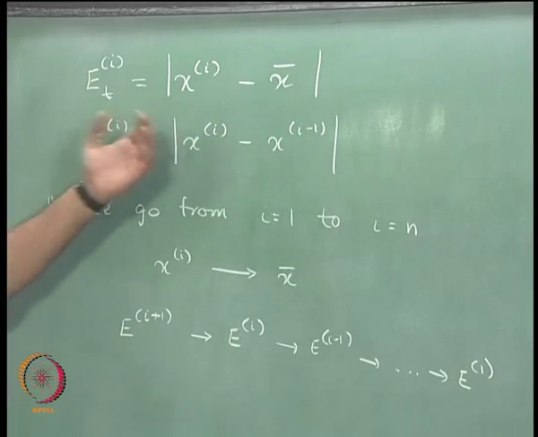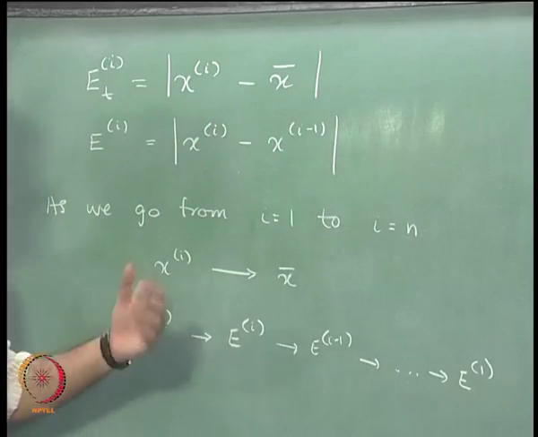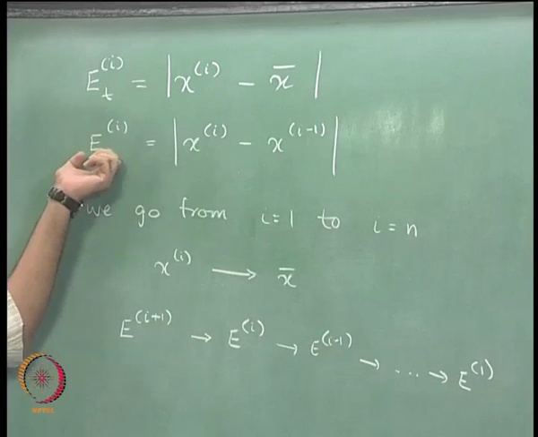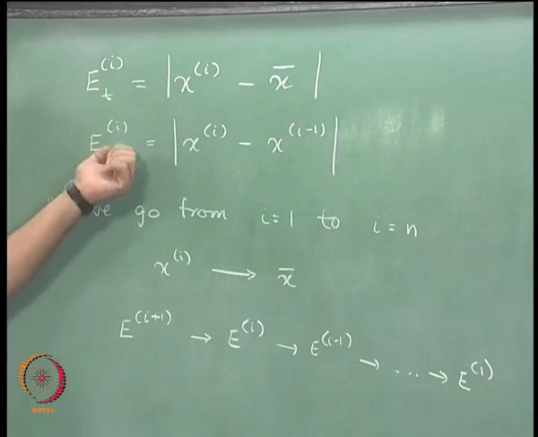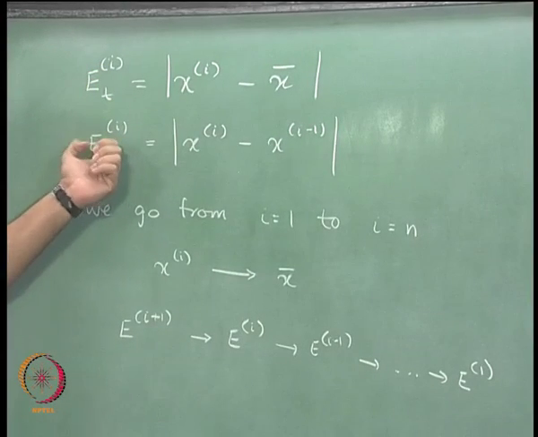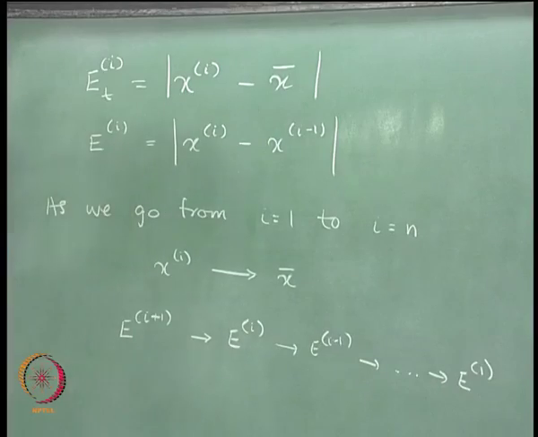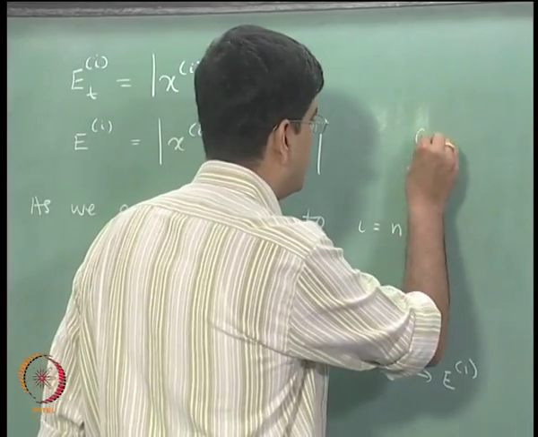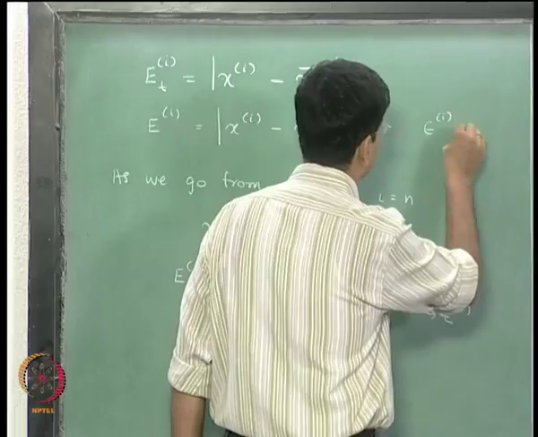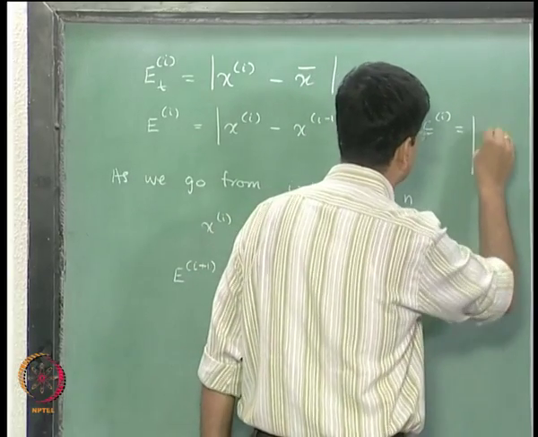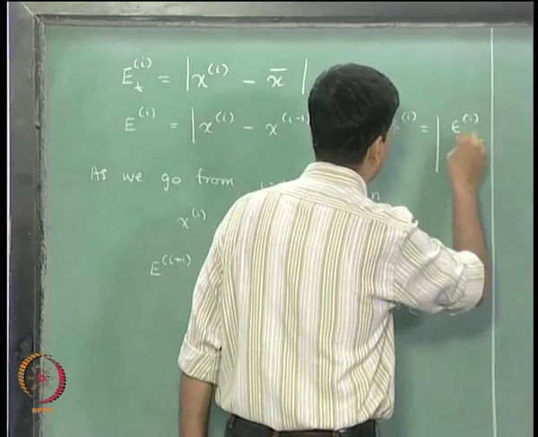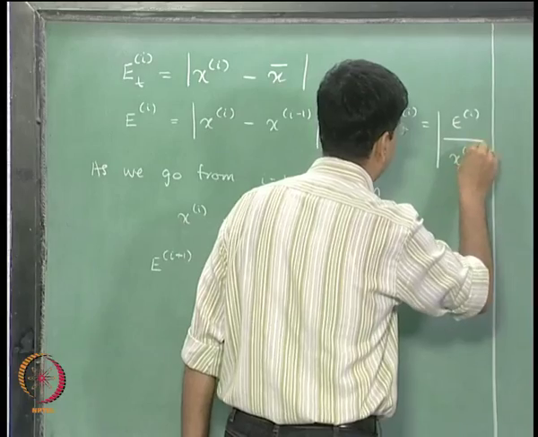Since in general x bar is not known, the stopping criterion we actually use is not based on the true error, but is either based on the approximation error ei, or on the relative approximation error epsilon i, which is nothing but ei divided by xi.